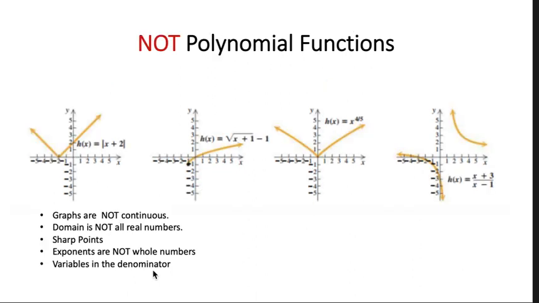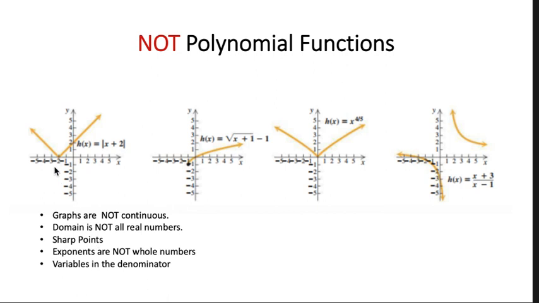So looking at those functions that are not polynomial functions, you'll notice this example is not continuous. I'd have to pick my pencil up off the table to draw this. That's why this is not a polynomial. The domain is not all real numbers. That happens here, and that happens here.